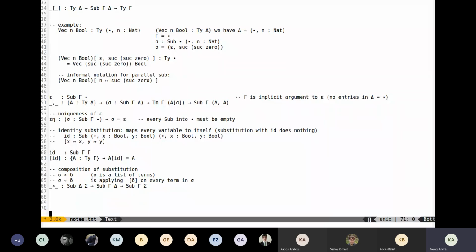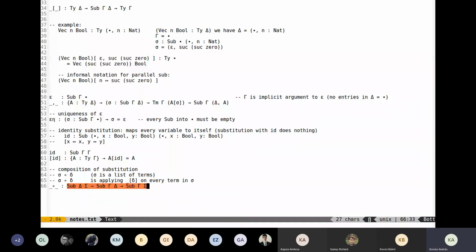We haven't yet seen term substitution, but term substitution is very analogous to type substitution. So this is kind of a preview. And so you can interpret this composition of substitutions as performing a substitution on every entry in a list of terms.